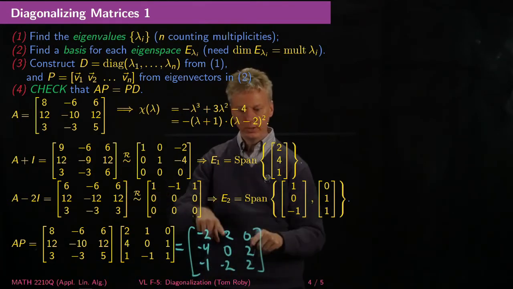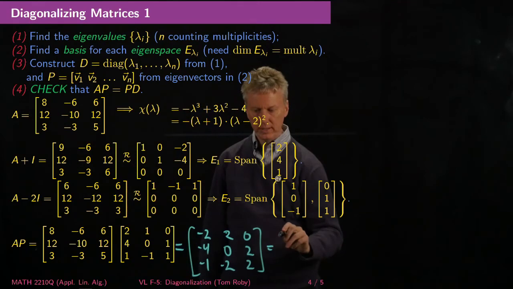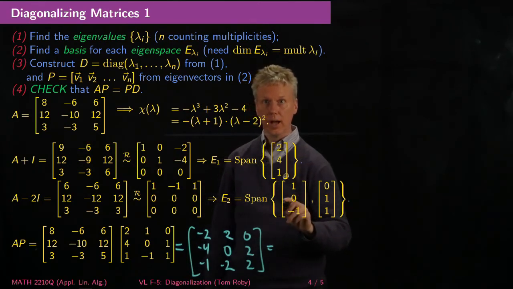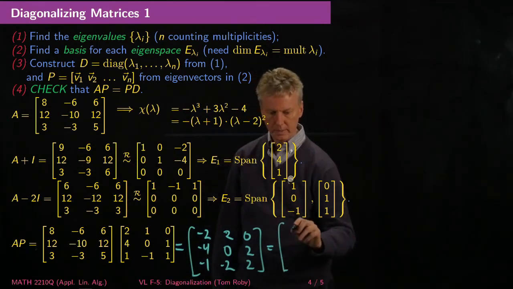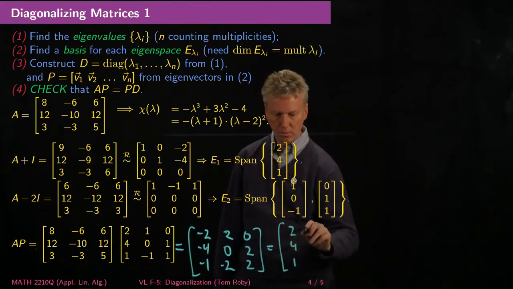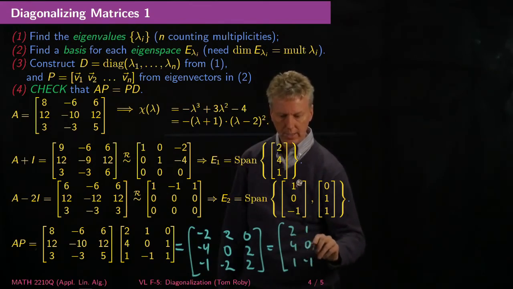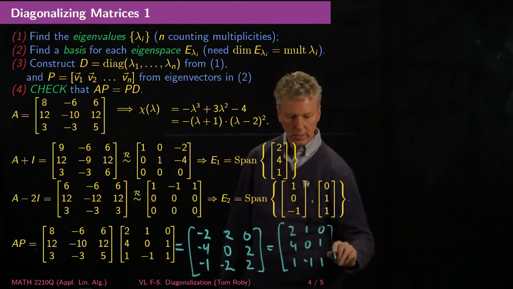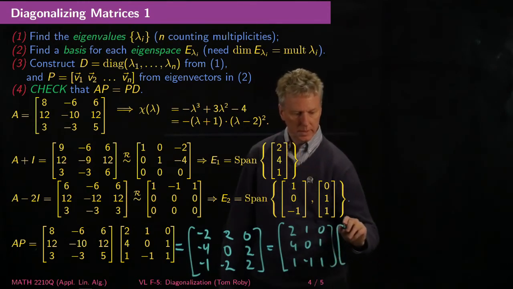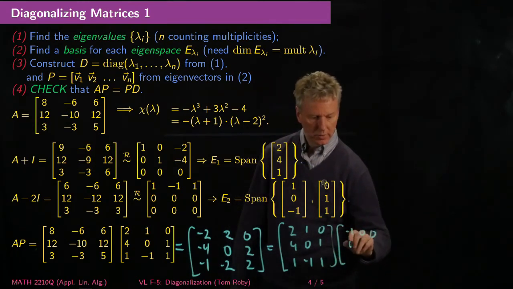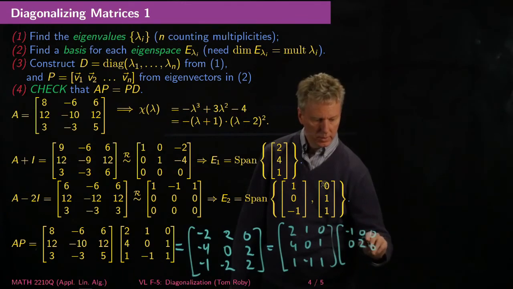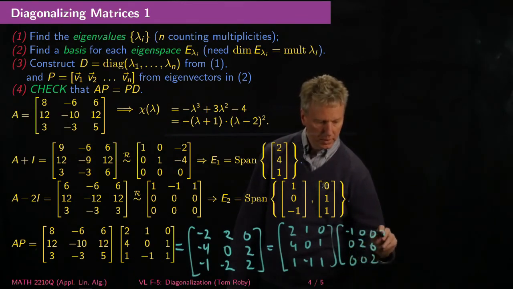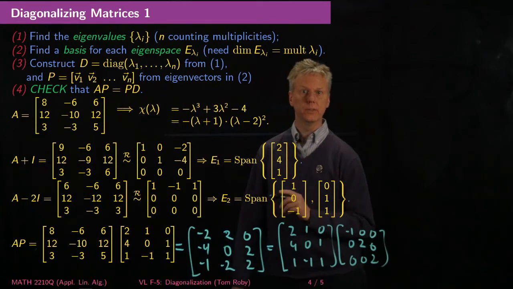Each of these is equal to 2 times the original column, which means that this is equal to this matrix P, 2, 4, 1, 1, 0, negative 1, 0, 1, 1, times negative 1, 0, 0, 0, 2, 0, 0, 0, 2, the diagonal of the eigenvalues.